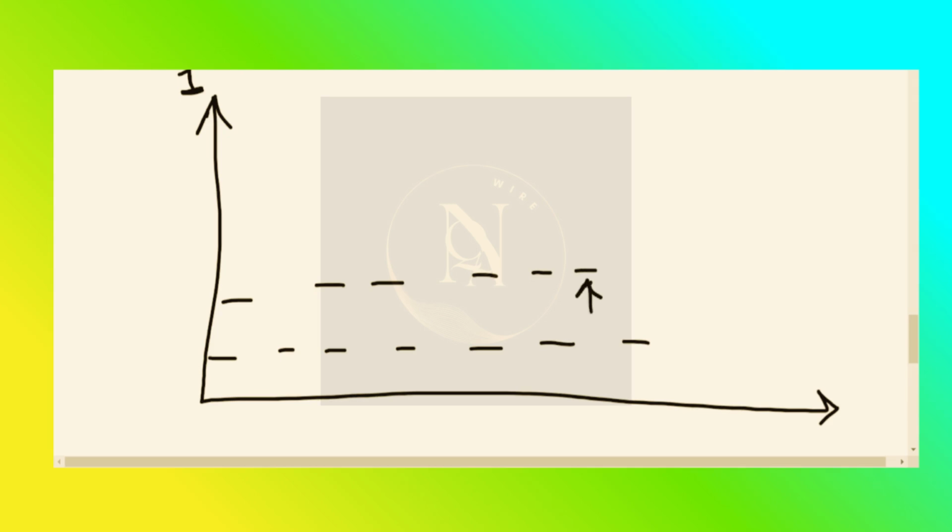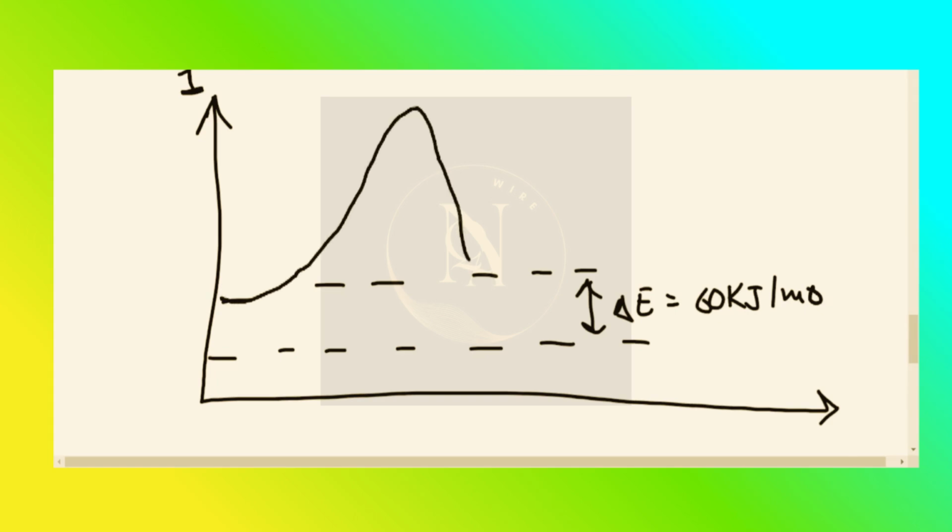The delta E for reaction 1 will be equal to 60 kilojoules per mole. Over here we have the reactants that go to the transition state and lead to the formation of product. This state is called the transition state, and the activation energy required is represented by EA.